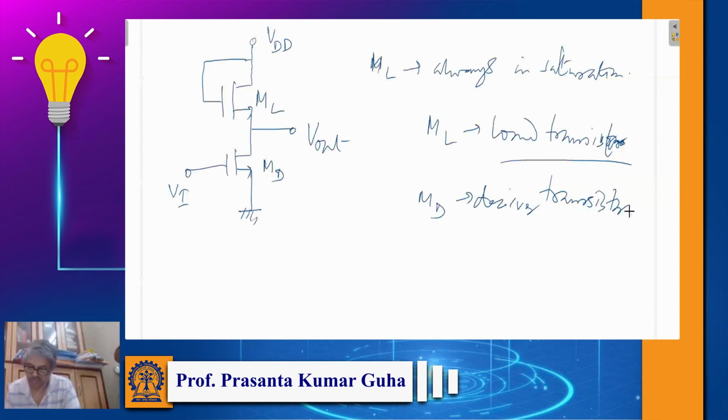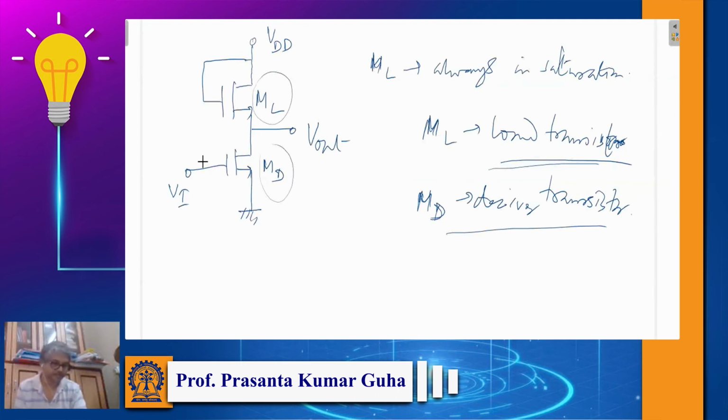MOSFET is also a transistor, a metal oxide semiconductor field effect transistor. So this is known as the load transistor because it is like a resistor, and this is the driver transistor. You will see this kind of configuration used in several examples in Neamen's book to solve problems.